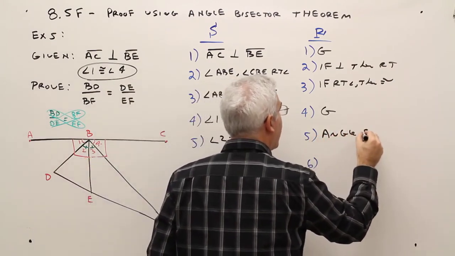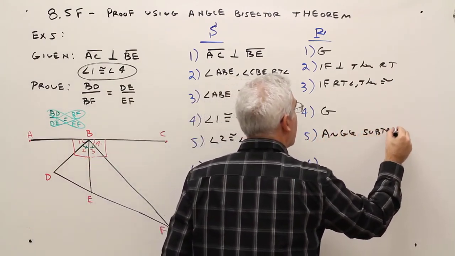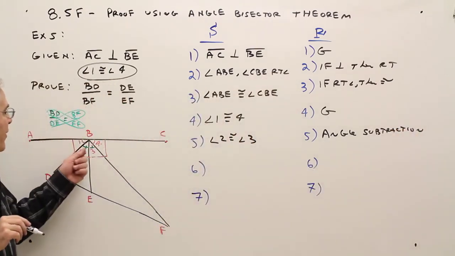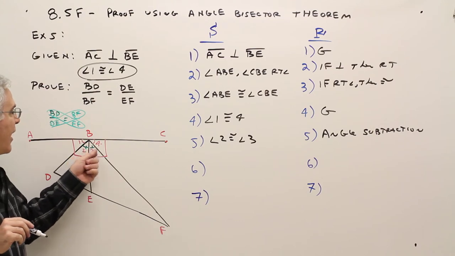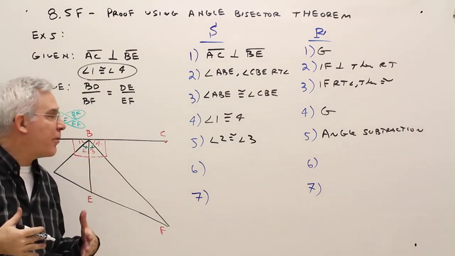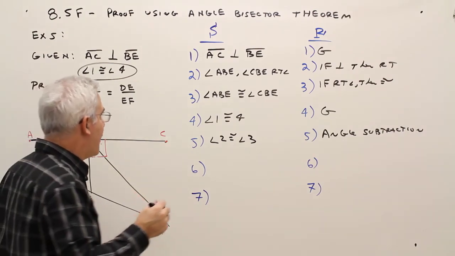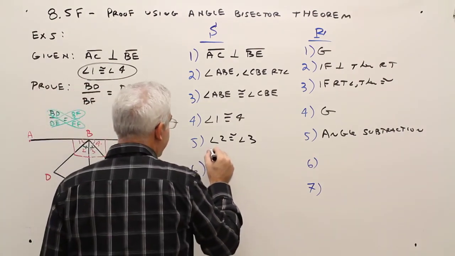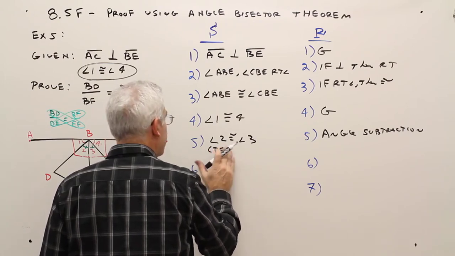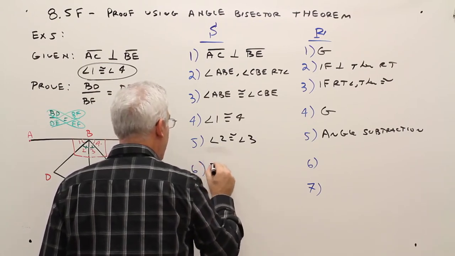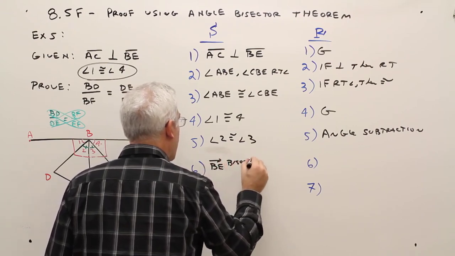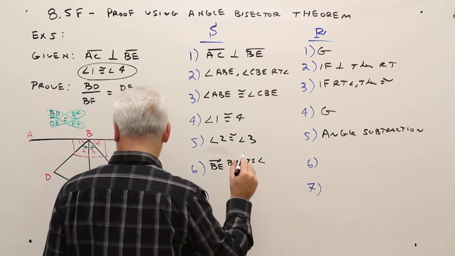That would be angle subtraction. And then once I've got angle 2 congruent to angle 3, I could go ahead and use that angle bisector theorem. I'll also state with angle 2, I'll say BE, I'll just make it a new step, BE bisects angle DBF.